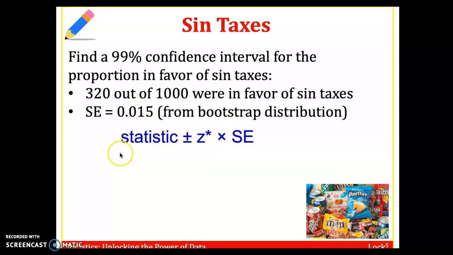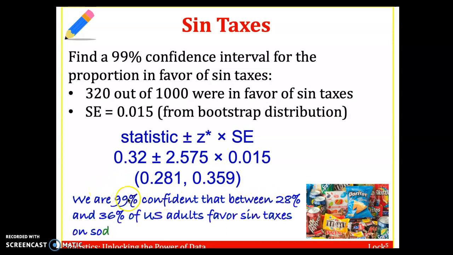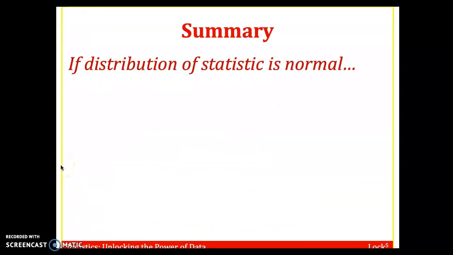Going through the slides, what I already did on the Word document is take that formula, put your Z-star, standard error, and statistic together, and we got, in 3 decimals, 0.281, 0.359. As I already said, we're 99% confident between 28 and 36% of US adults favor a tax.